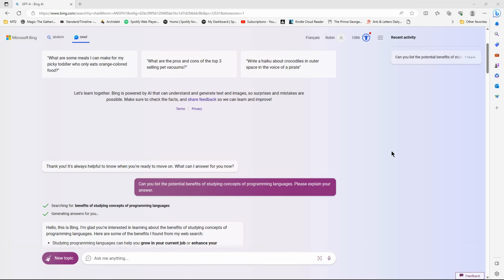Now, one of the reasons it's interesting to ask AI systems these sorts of questions is they're the sort of questions that often people get muddled up about. What I mean by that is it's the sort of question that will turn up as a fairly easy question on an exam paper.